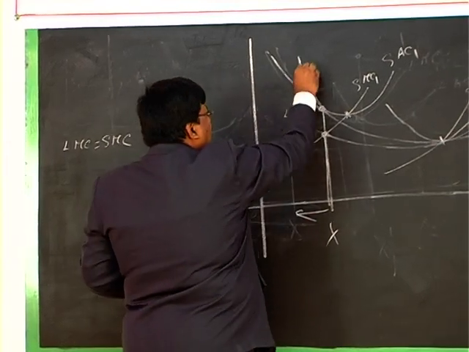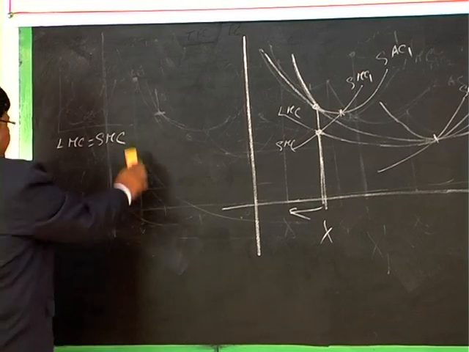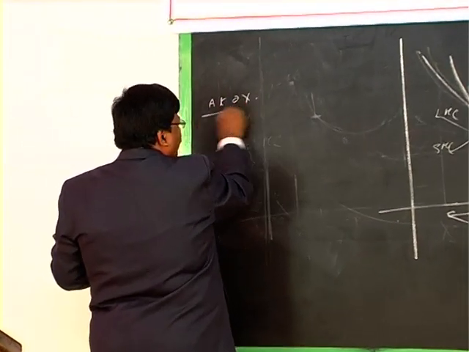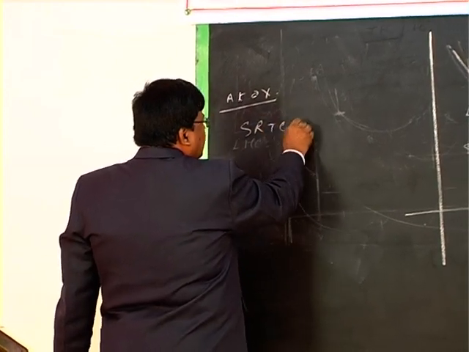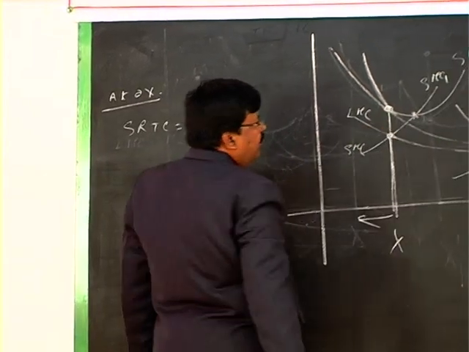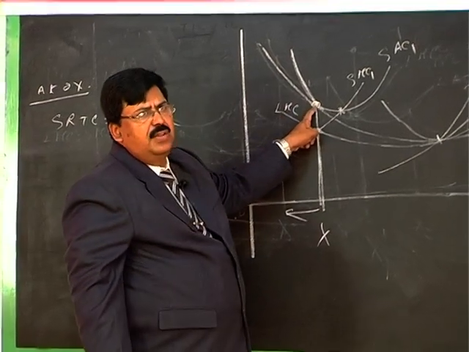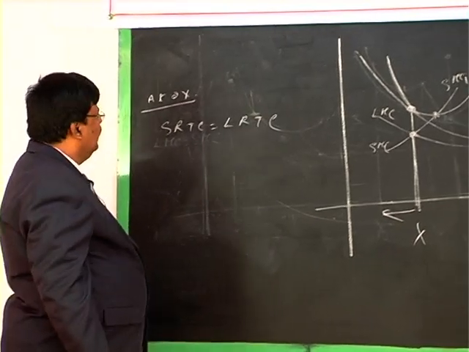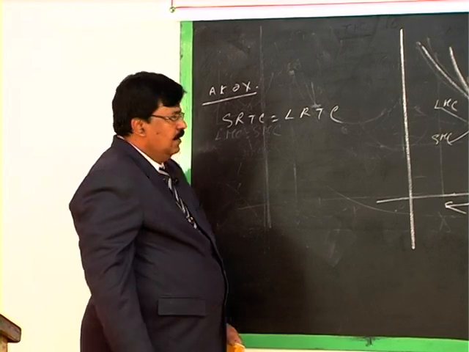So, short-run total cost at OX level of output is equal to long-run total cost at this point, because this point is on SAC as well as LAC. So corresponding to OX level of output, short-run total cost is equal to long-run total cost.